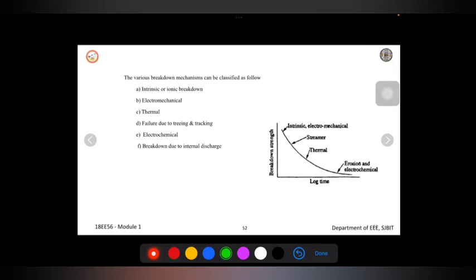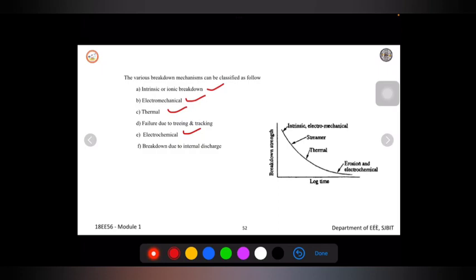They will ask you to explain intrinsic, electrochemical, electromechanical or thermal breakdown, or within intrinsic we have another called avalanche breakdown. Many times these have been asked as short notes, so try to study almost all of them. These four are very important. If you look at a question paper, you can see these questions there.